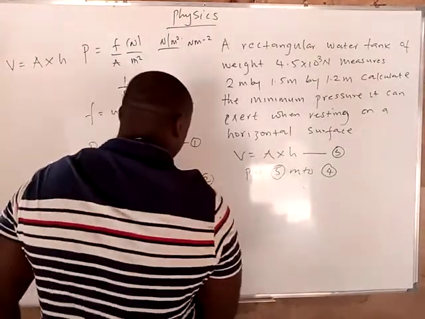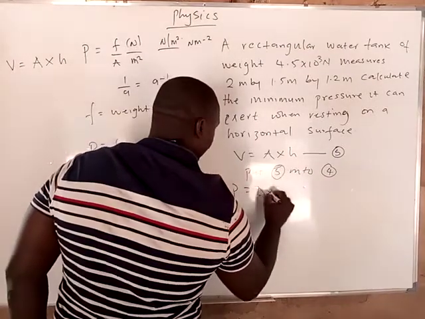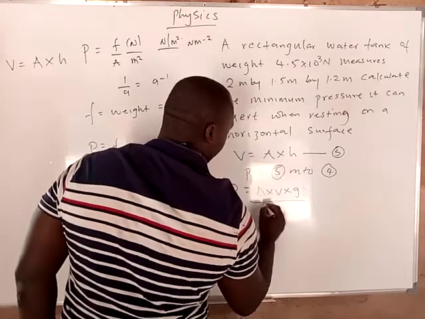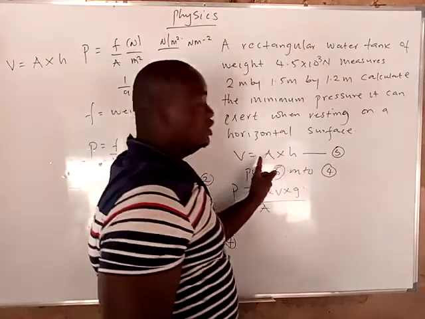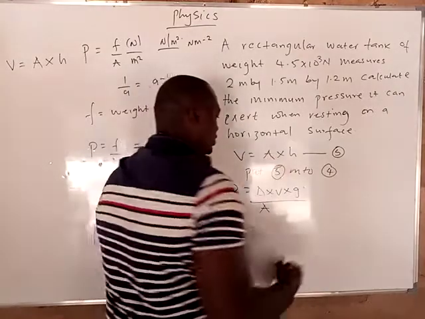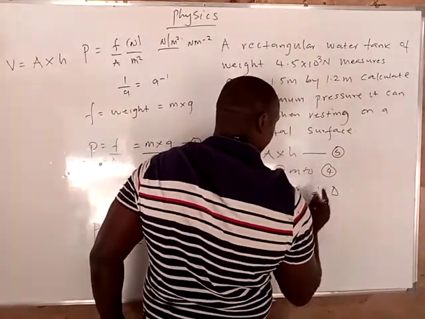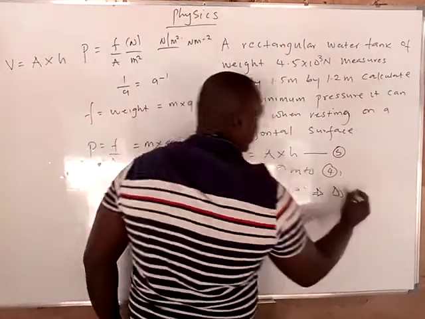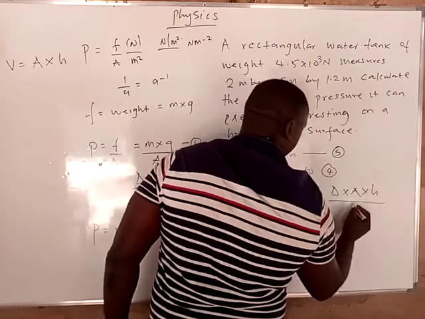And then this formula will now change. So remember, I have pressure is density times volume times acceleration due to gravity all over area. Now whenever I see volume, I will replace it with area times height. So this is now equal to density times, rather than volume, I'll write area times height, all over area.